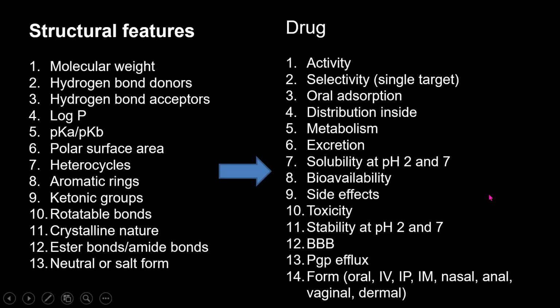Some of the properties are already there if it is a drug. When a company is trying to sell a drug and tries to get approval from the FDA, the Food and Drug Administration, they get all the properties of that drug. Whereas if it is still not a drug, you will not know the experimental information about all the properties.